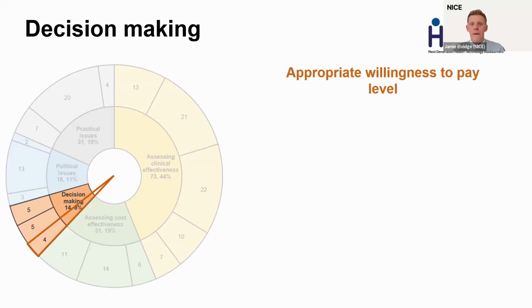Thirdly, in this theme, there were some question marks around what the appropriate willingness to pay level or threshold should be. Now, very briefly, the willingness to pay threshold, most health systems that use a health technology assessment process will have one.